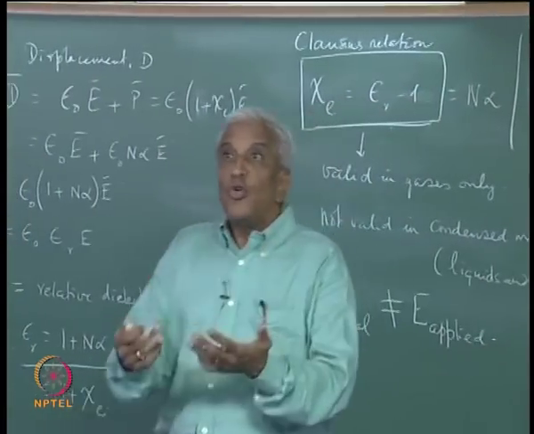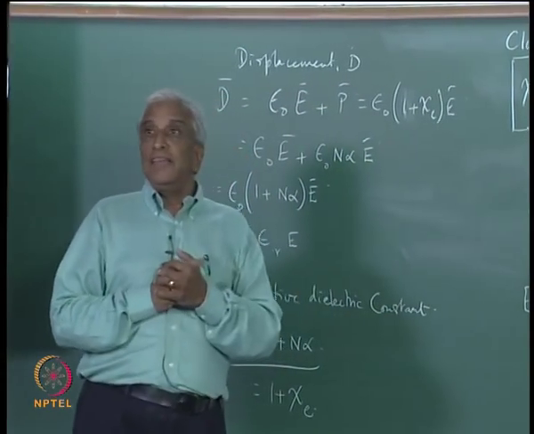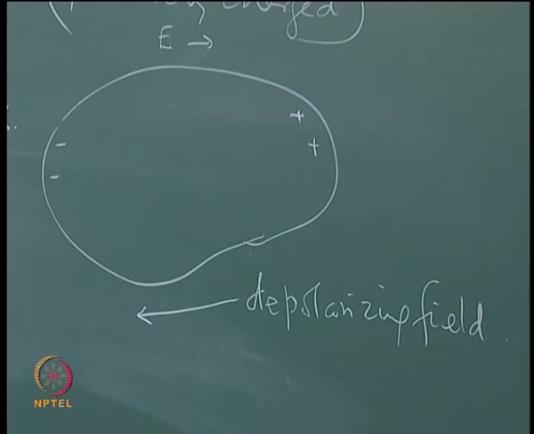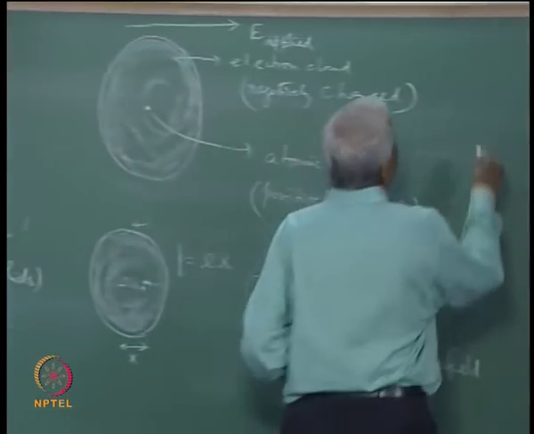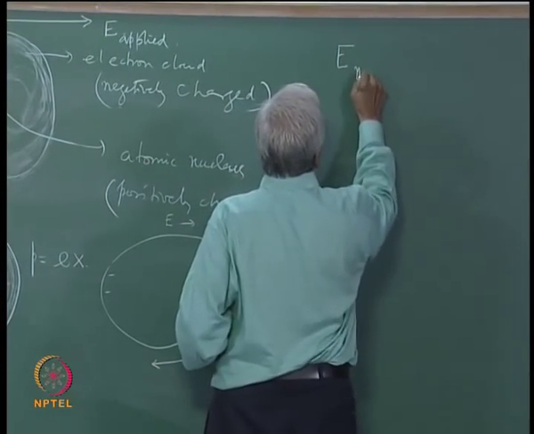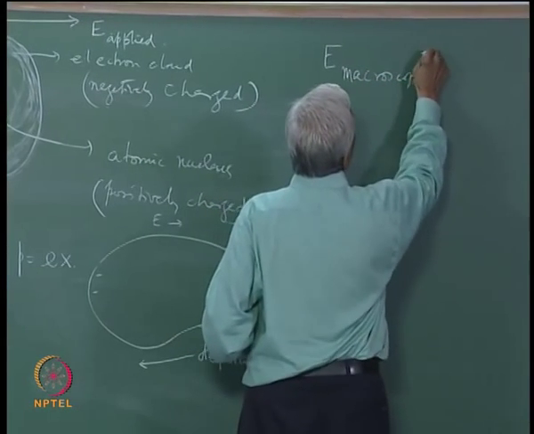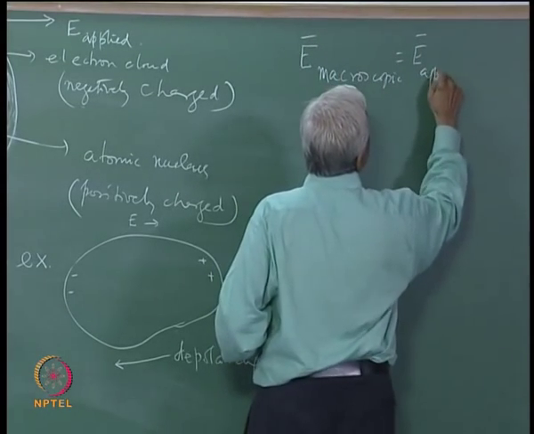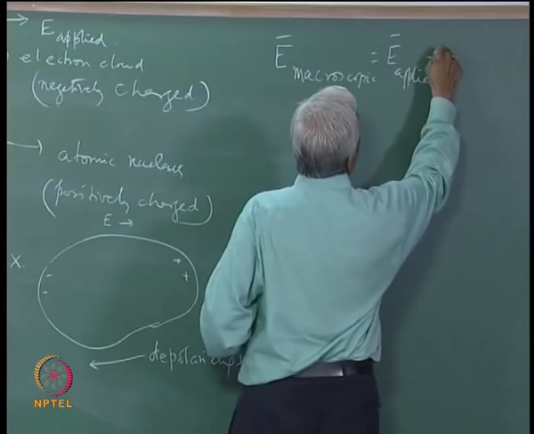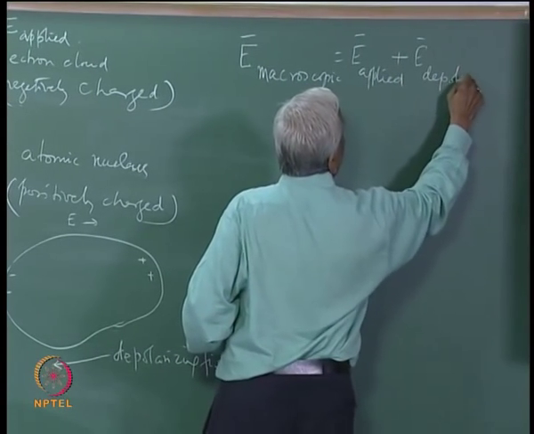So, the macroscopic electric field due to the applied field and the depolarizing field due to the charges which have been produced on the surface of the dielectric, that gives you a net macroscopic electric field, which is the vector sum of the E applied and the depolarizing field.